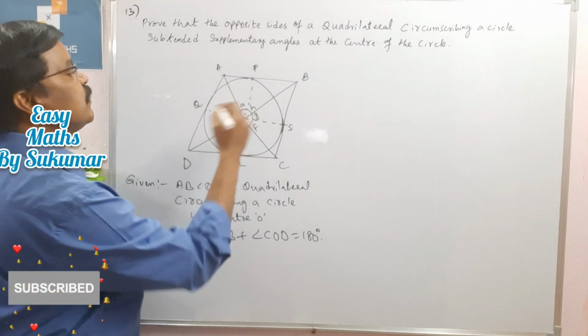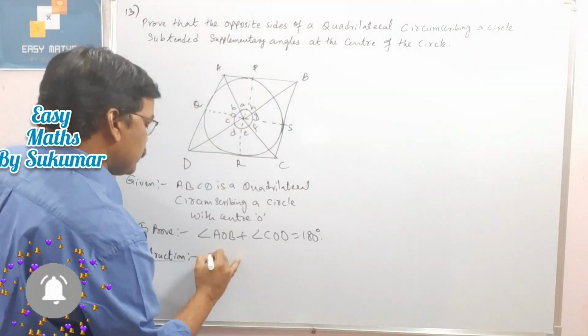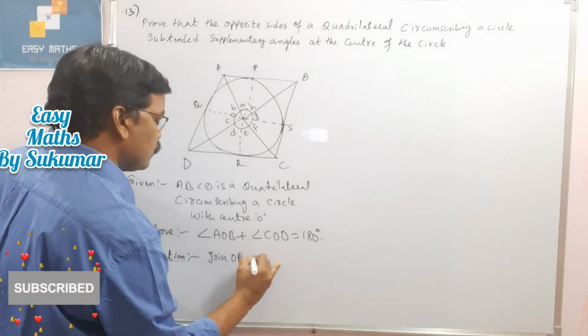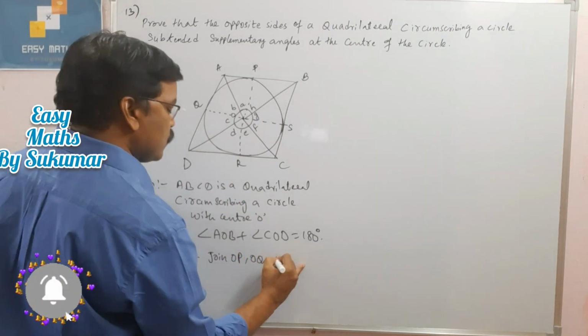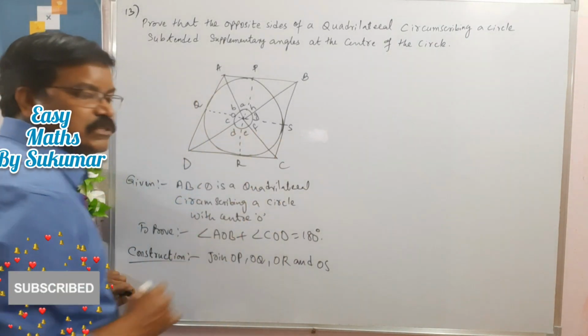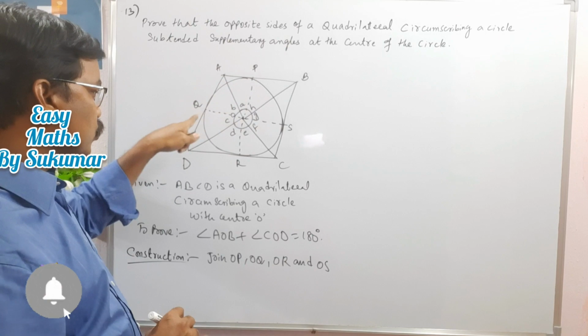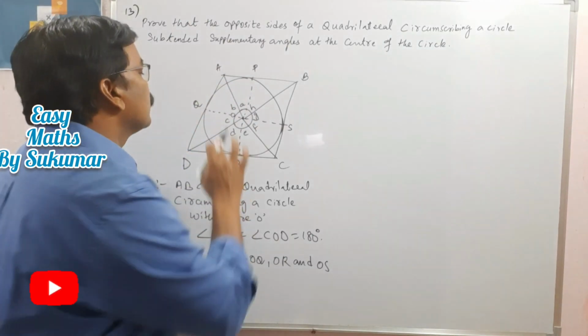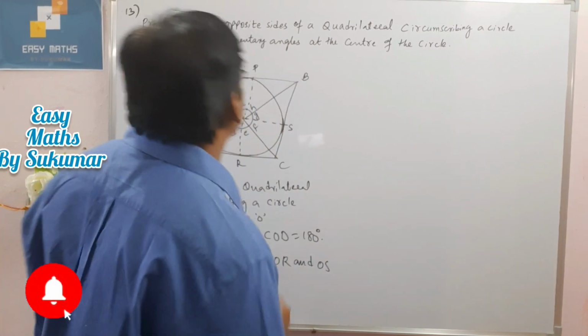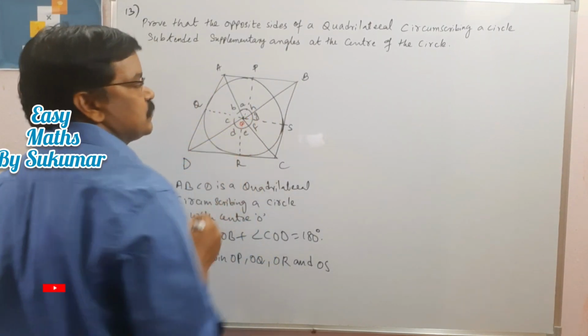So the construction here is just join OP, OQ, OR and OS. Okay, just we join this OP, OQ, OR and OS. This O is at the center, right?